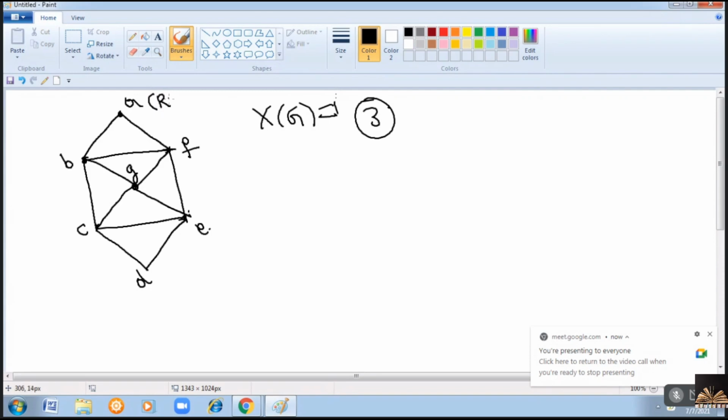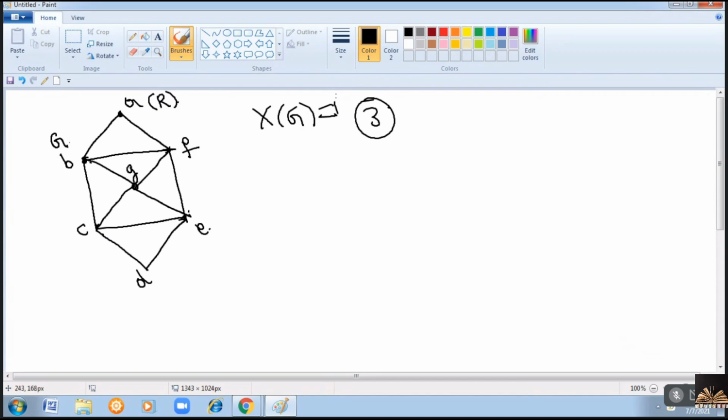Let me color A with red. Then these two should be colored with some other color, right? Suppose I have colored this with green, then which is adjacent to B? C is adjacent, so it should be colored with some other color.